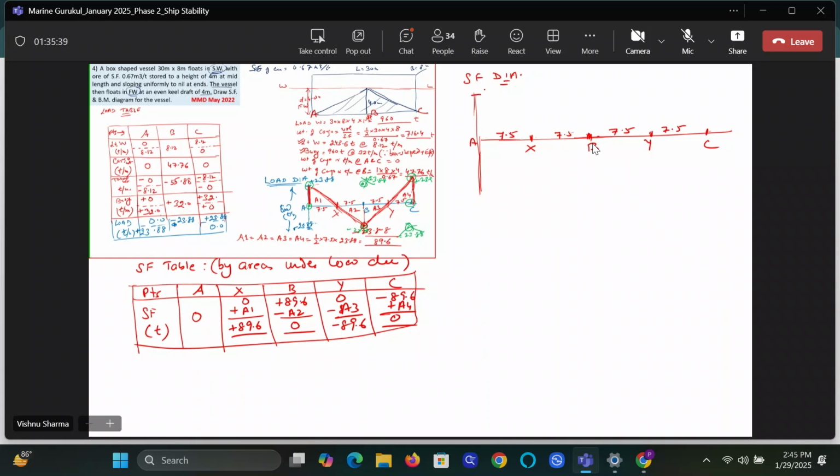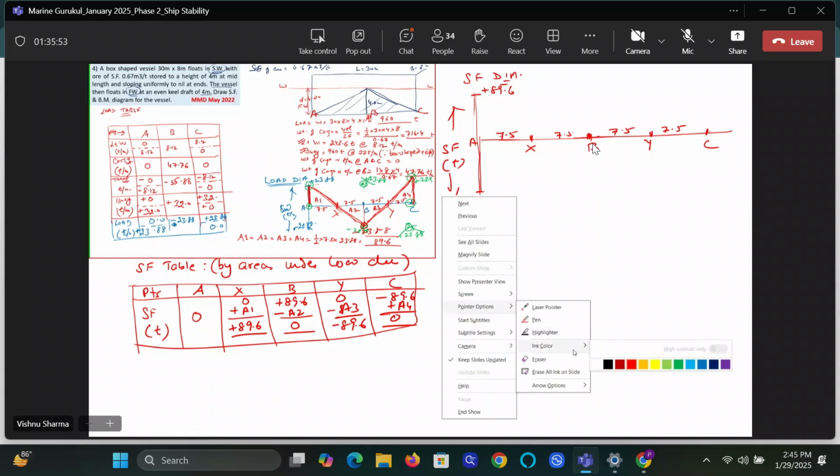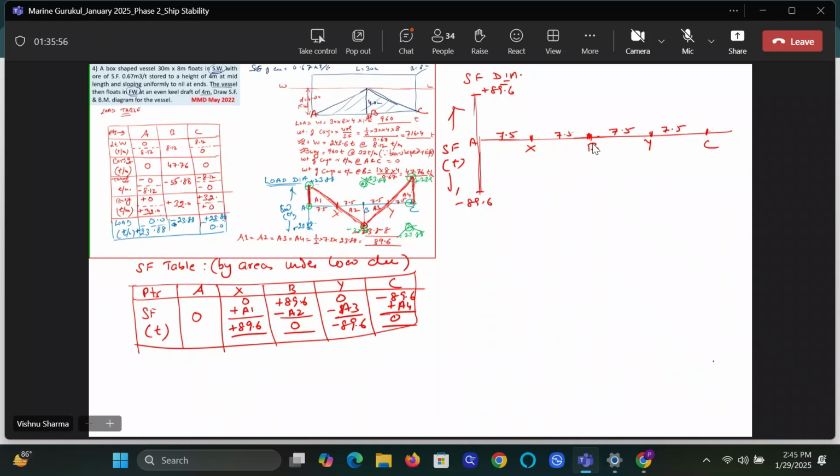Plus 89.6, minus 89.6. This is SF in tons. We'll first plot the points and not worry about joining them. A, it is 0. X, it is plus 89.6. Then it is 0, and minus 89.6 and 0.